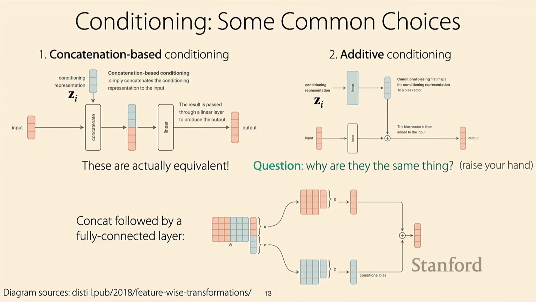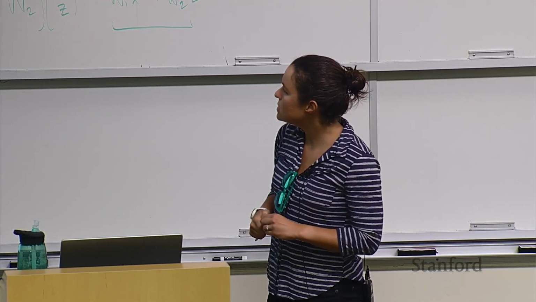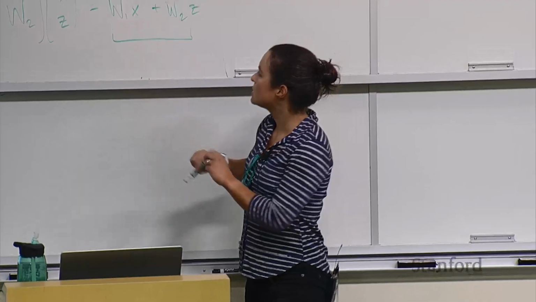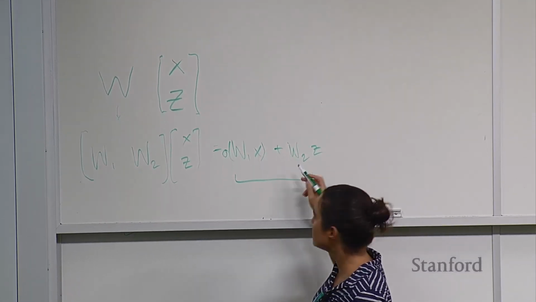So if you had a nonlinearity following each linear layer in the additive conditioning, would the network have more expressive power, and would additive conditioning possibly be better than concatenation-based? So you're saying if you had a nonlinearity basically here. Oh, yes, prior to the addition. So if you had something like a nonlinearity here, basically.